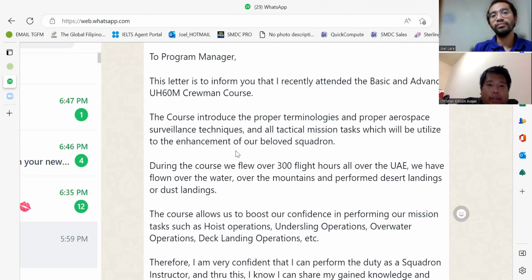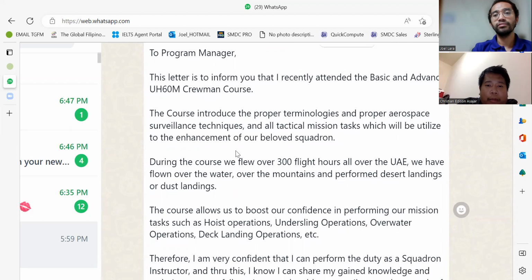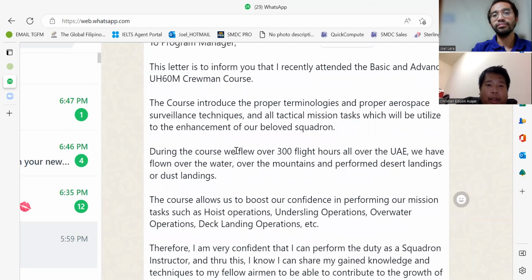The course introduced the proper terminologies and proper aerospace surveillance techniques and all tactical mission tasks which will be utilized to the enhancement of our beloved squadron. During the course, we flew over 300 flight hours all over the UAE. We have flown over water, over mountains, and performed desert landings or dust landings.